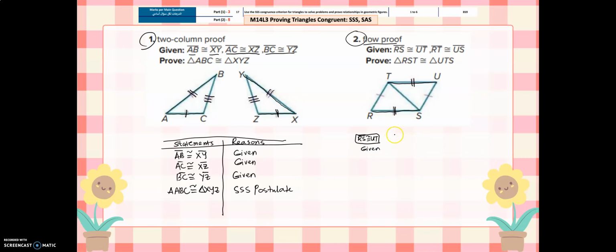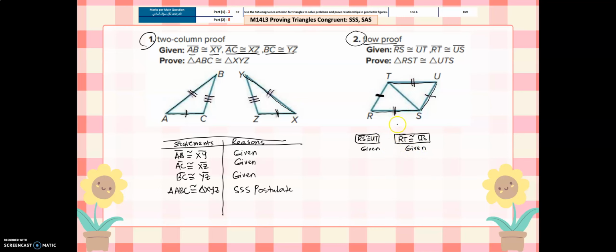Another given will be segment RT is congruent to US. So this is the other line segment, and this is also given information.